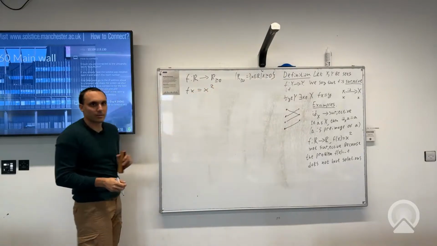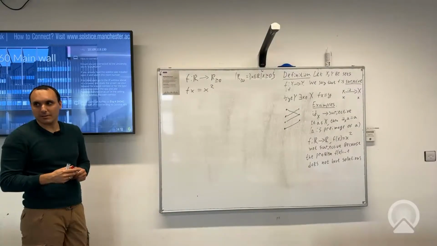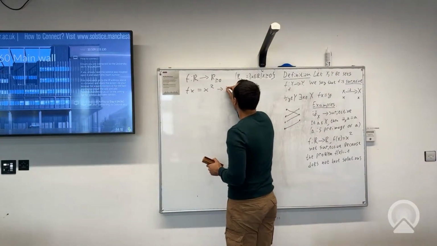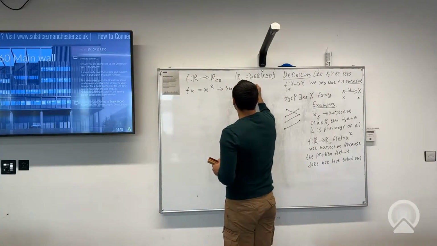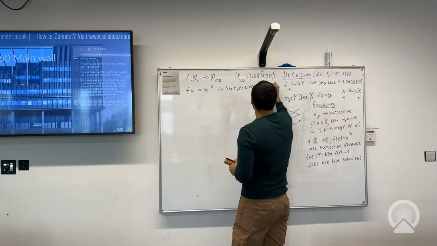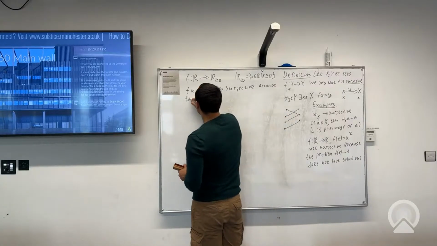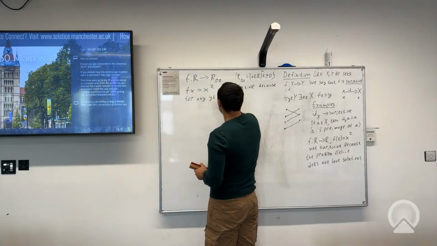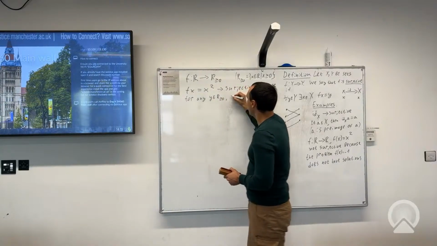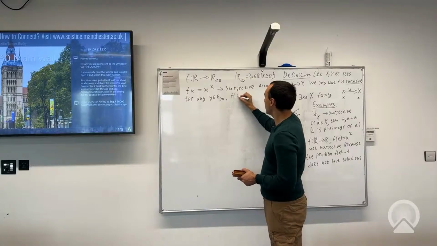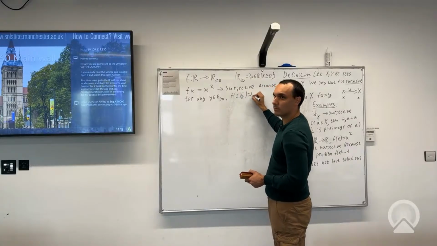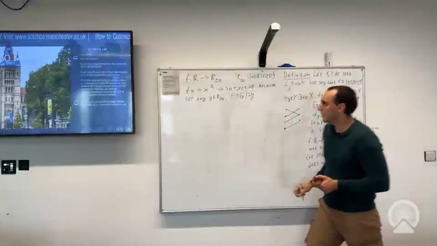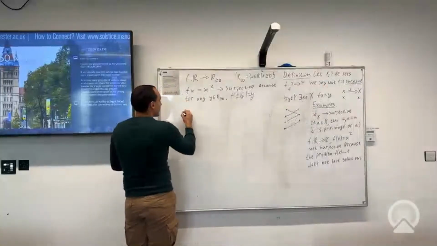Is it surjective? Yes, because for any y, f of plus or minus square root of y is y. So this is a pre-image. It's very important.